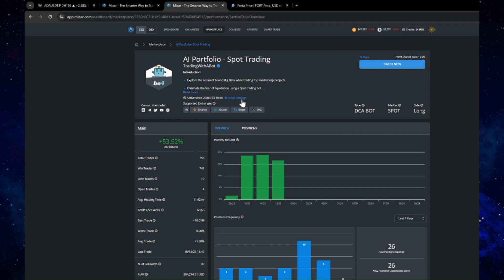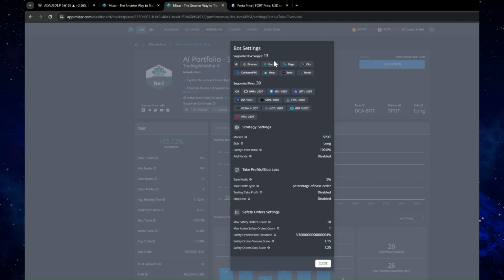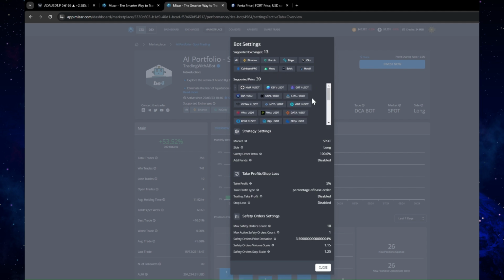By clicking on show settings, you'll see most of the information that you require to see. You see the tokens that we trade, and we also see some of the settings that we have here on the bot.